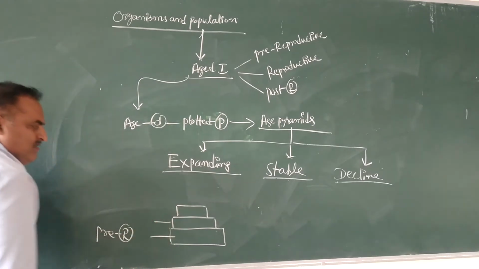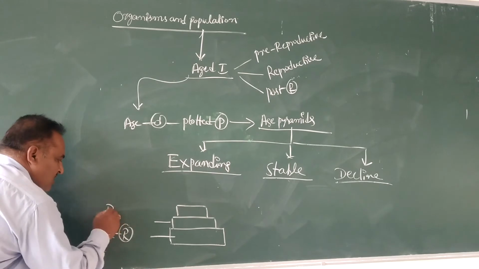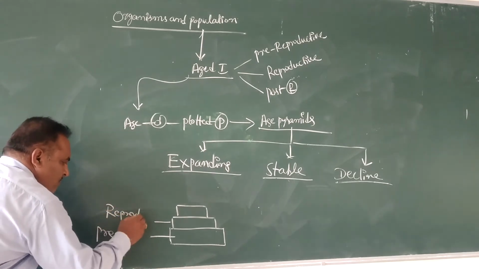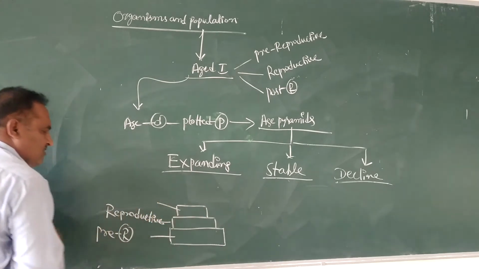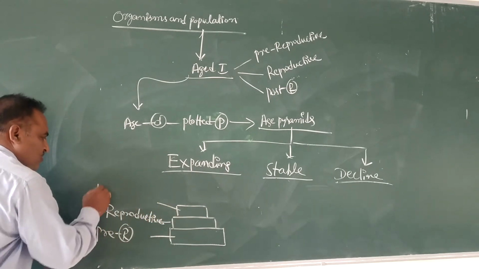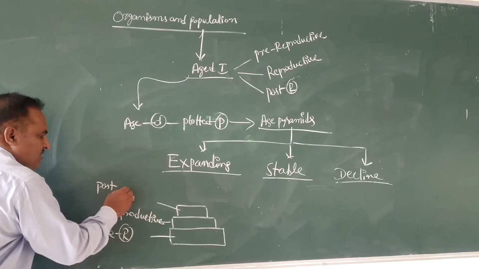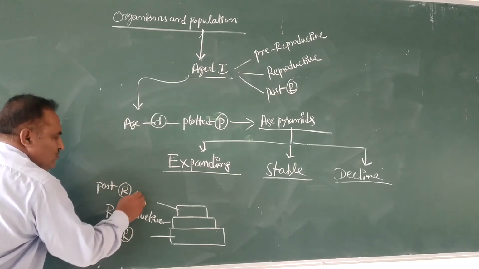The second level shows reproductive aged individuals. The third one shows post-reproductive aged individuals.